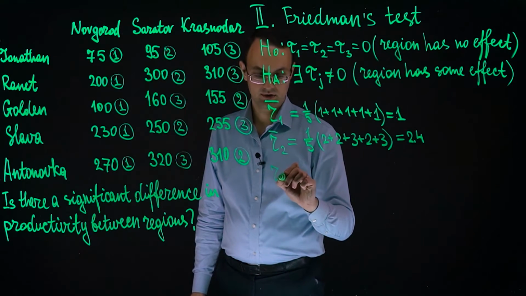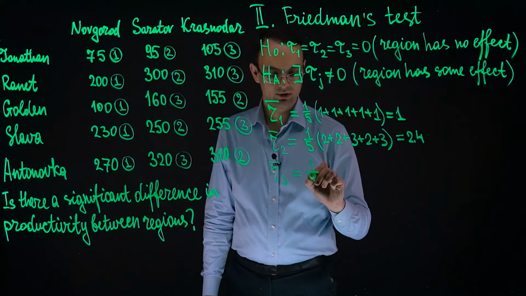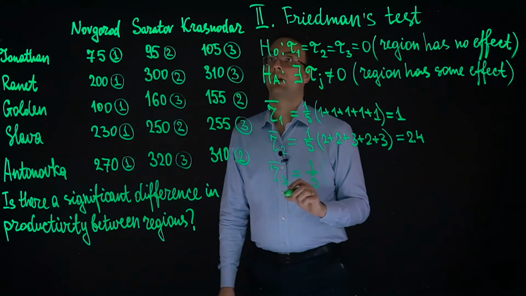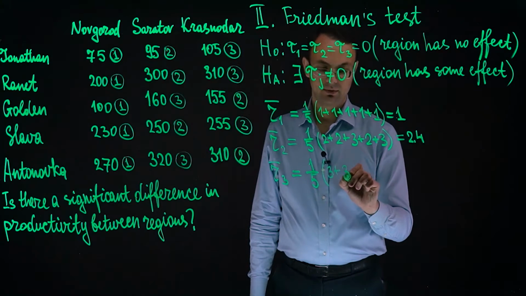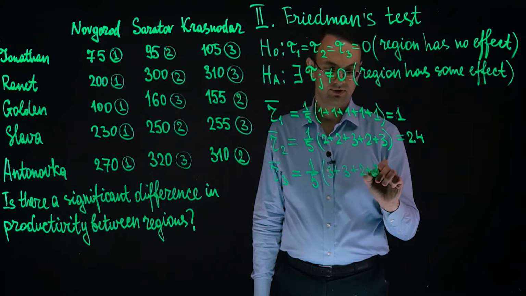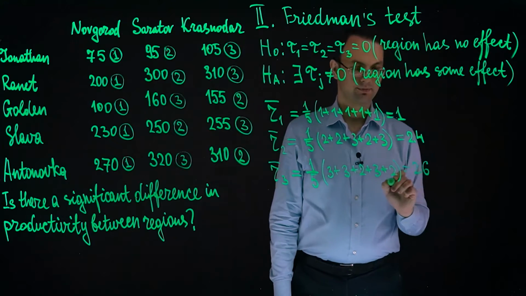And R bar 3 is 1 over 5 times 3 plus 3 plus 2 plus 3 plus 2, and this is 2.6.